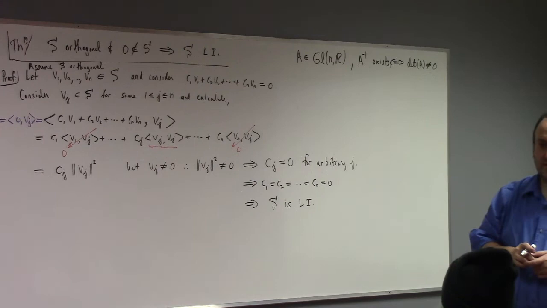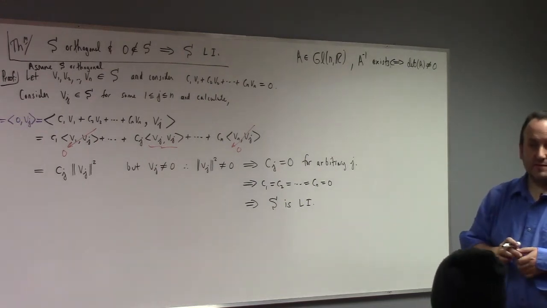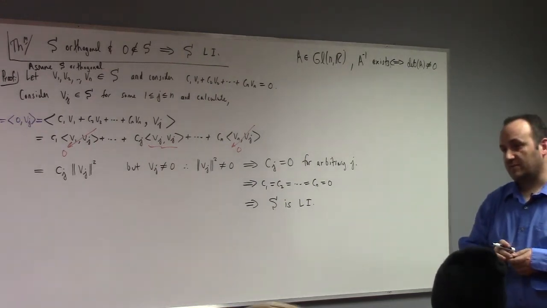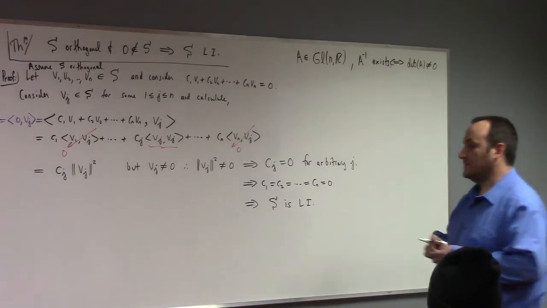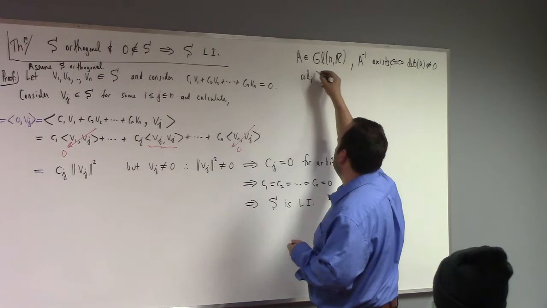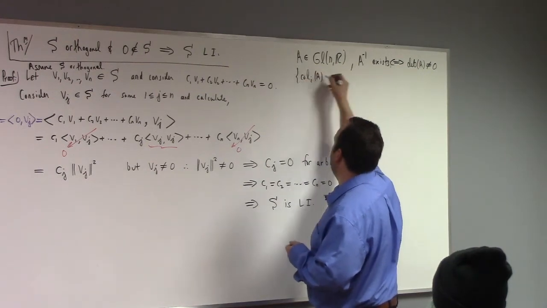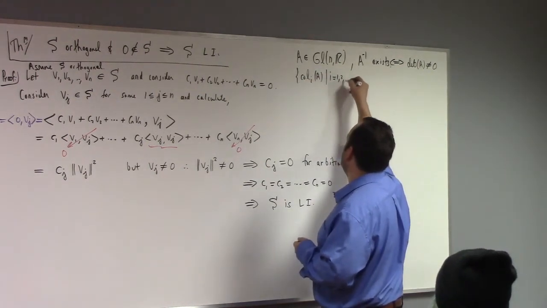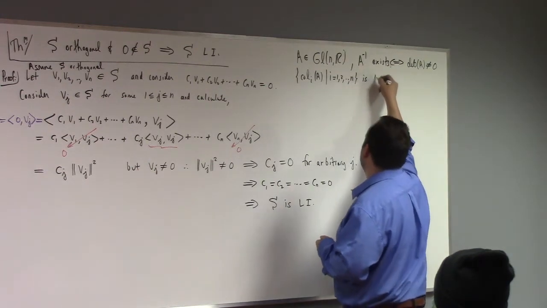That gives an invertible matrix, and as such, the collection of column vectors forming A is linearly independent. So column i of A, i equals 1, 2, ..., n, is linearly independent.